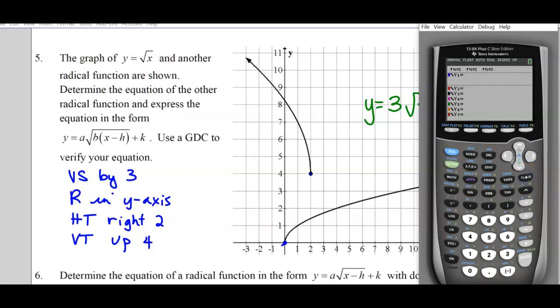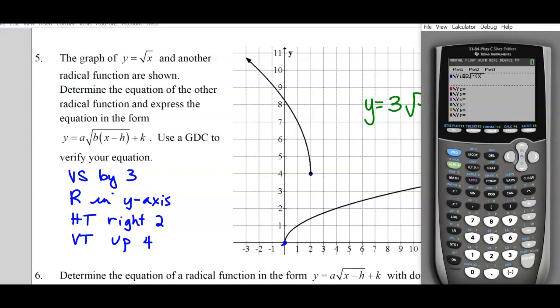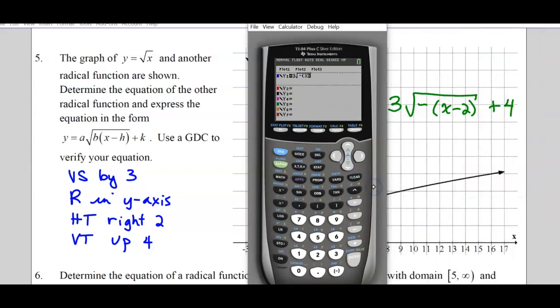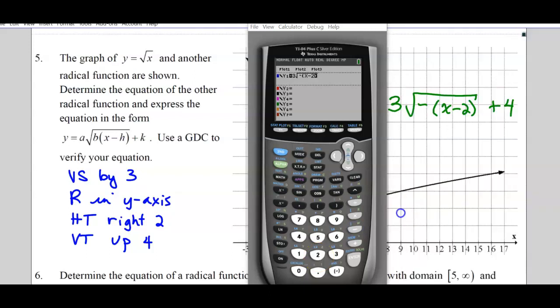So I think it's 3 square root, negative bracket x minus 2, close bracket, outside of the radical. Make sure you cursor out of your radical in your calculator. I'll just do it. Oh, I didn't do a standard thing today.